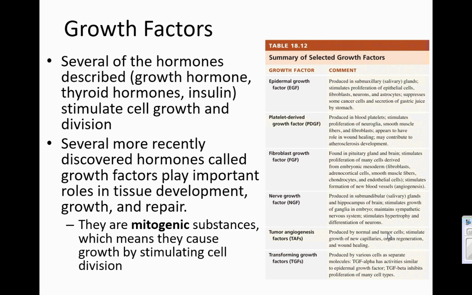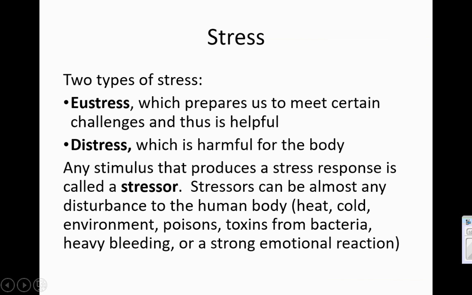We call these mitogenic substances because they promote mitosis. What's mitosis? Cell division. Mitosis is a fancy word to describe cell division. As far as the table goes, you don't need to worry about those individually. Just know what these growth factors are and what they do. They promote mitosis, therefore being mitogenic substances.